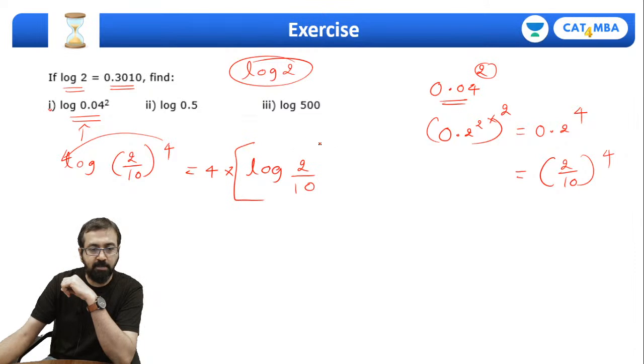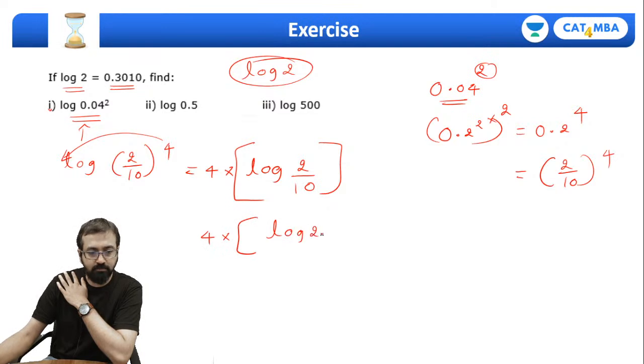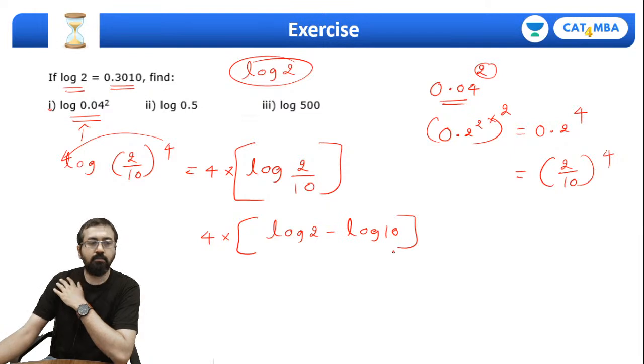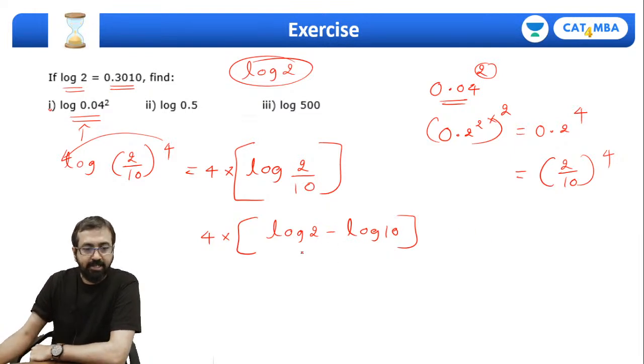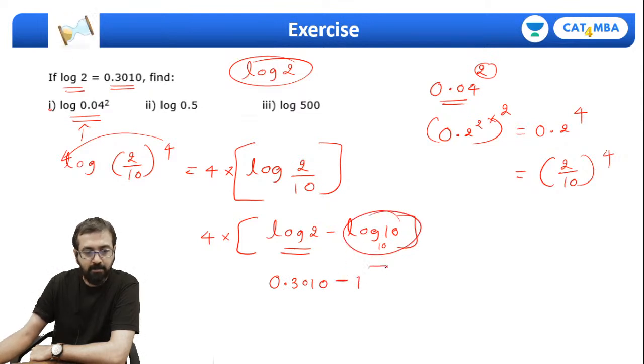Now let's solve this part first, and then we'll multiply it with 4. So log of 2 by 10 is log of 2 minus log of 10. Correct? Right. So log of 2 we know it's 0.3010 and log of 10 with base 10 it's going to be 1, into 4.